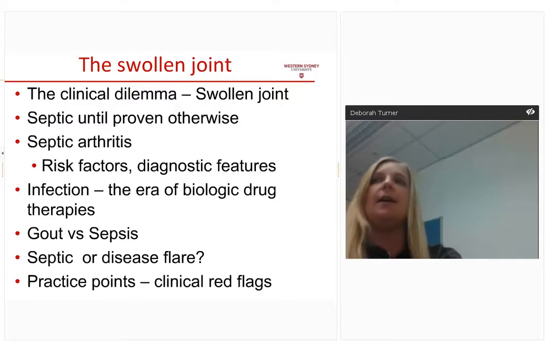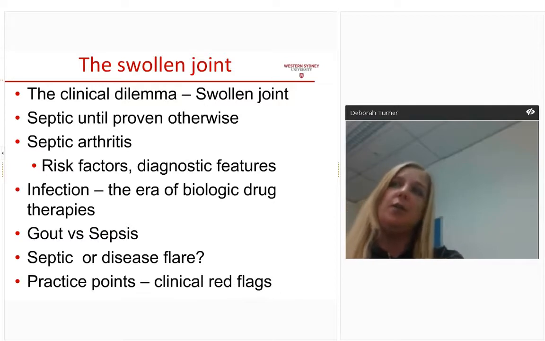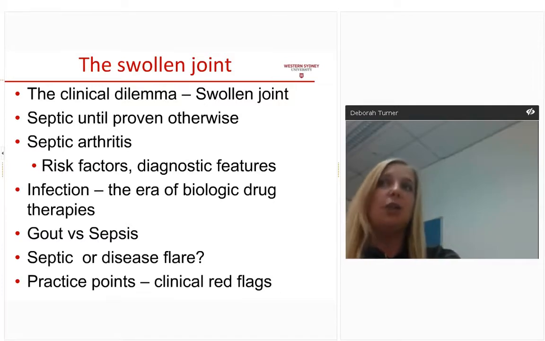We've got to consider, particularly in managing our patients with inflammatory joint disease, the area of biologic drug therapies and the immunosuppression and the increased risk of septic arthritis. And we've got to be able, with confidence, to determine whether we think that this is gout, or perhaps whether we do actually think it could be a septic arthritis.